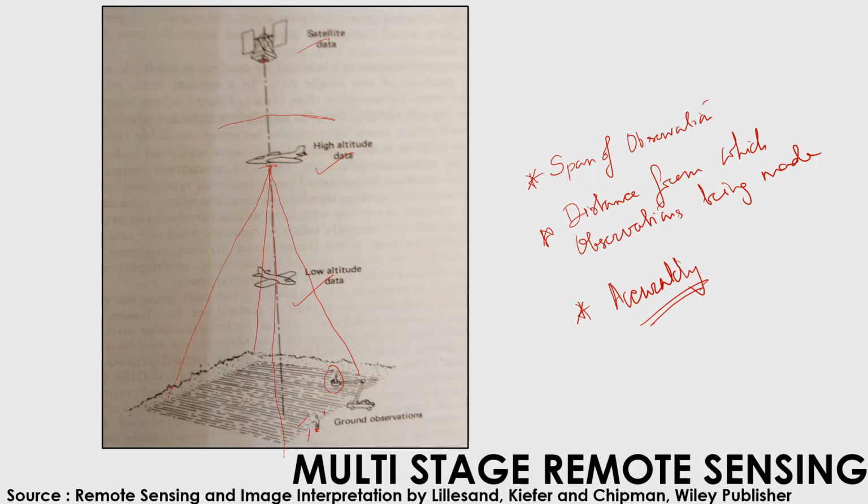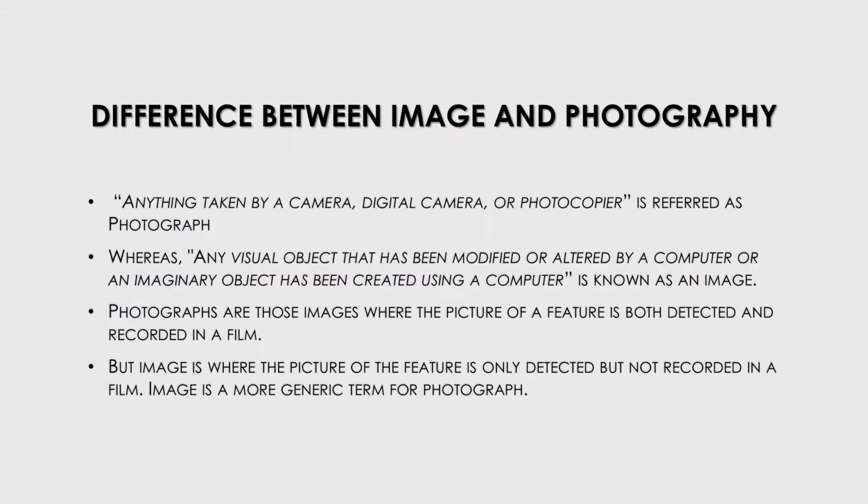And in a similar manner, the span of observation will go on increasing when the distance of the remotely placed camera from the area of interest is increased. That means the area of interest is the area being captured by the camera placed at different levels.